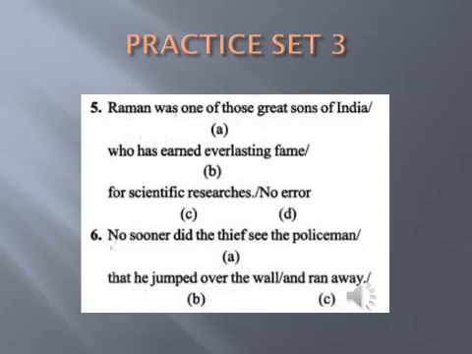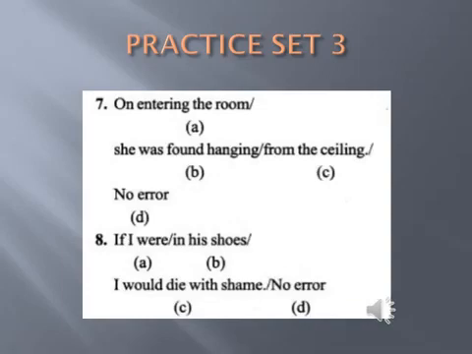No sooner did the thief see the policeman, A, that he jumped over the wall, B, and ran away, C. No error, D. Question number 7. On entering the room, A, she was found hanging, B, from the ceiling, C. No error, D.